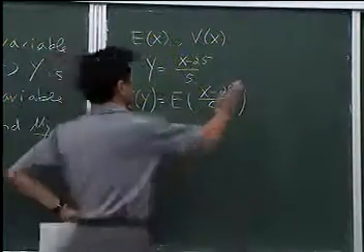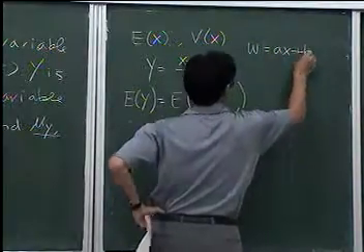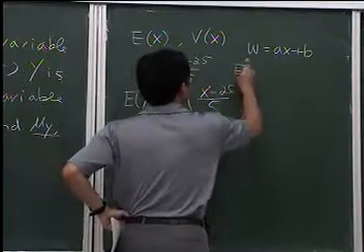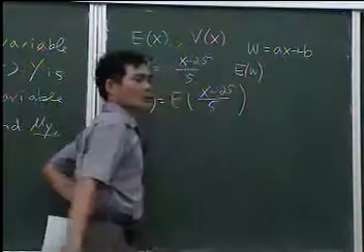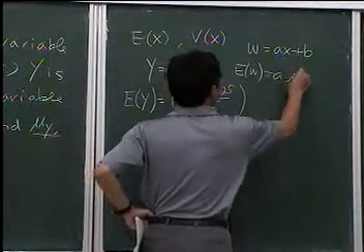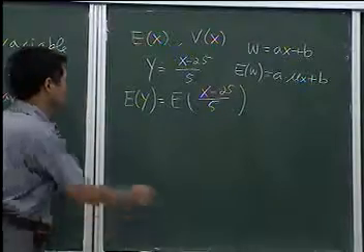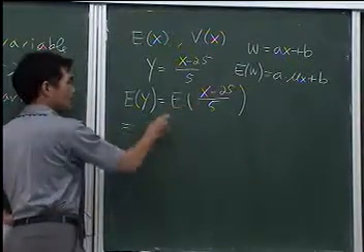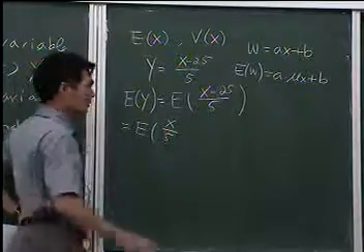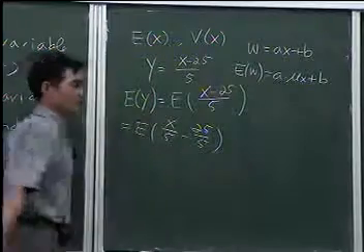When w is equal to ax plus b, if you know this formula, then expectation of w is equal to a times mu x plus b, okay? So there are two parts here, expectation of x over 5 minus 25 over 5.